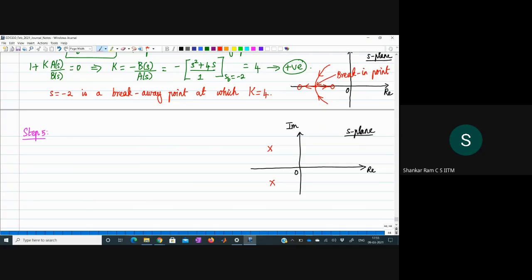Now, we ask the same question. As we know, from each open loop pole we are going to have a branch. So the question that immediately arises is, what is the direction in which this branch will go from this open loop pole?